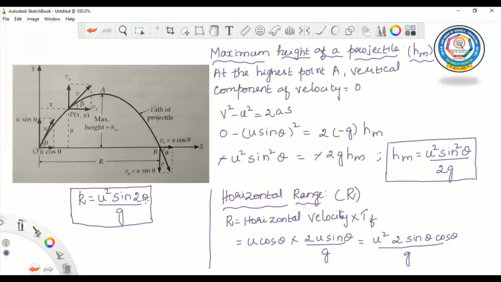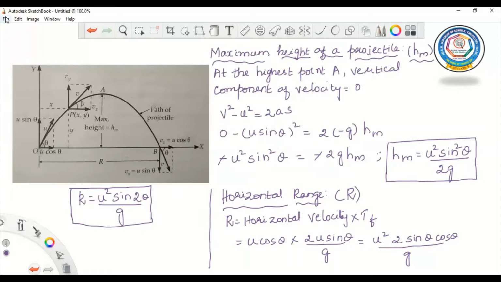So far we completed time of maximum height, then time of flight, then maximum height of a projectile and horizontal range. And now, what is the condition for the maximum horizontal range? Again this is very important, children.